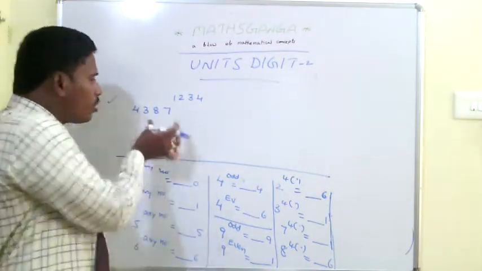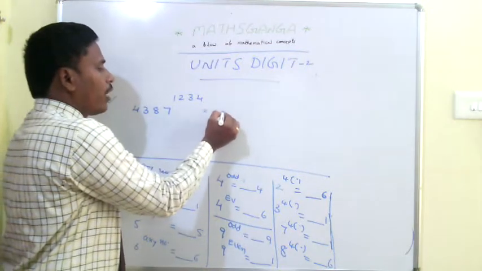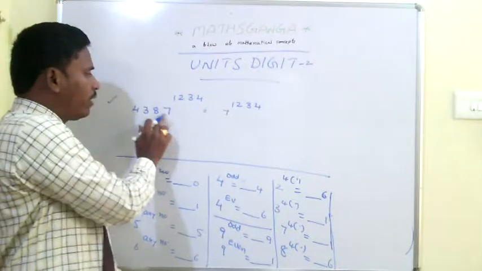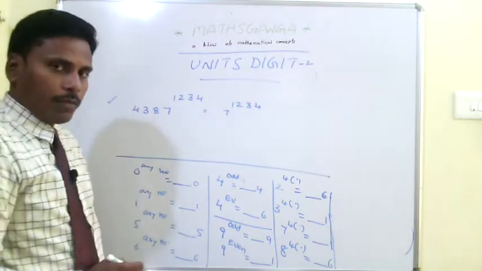Okay, see, unit digit of this number is nothing but unit digit of 7 power 1234. That is the first step, concentrating on the unit digit of the base. So first step is over.